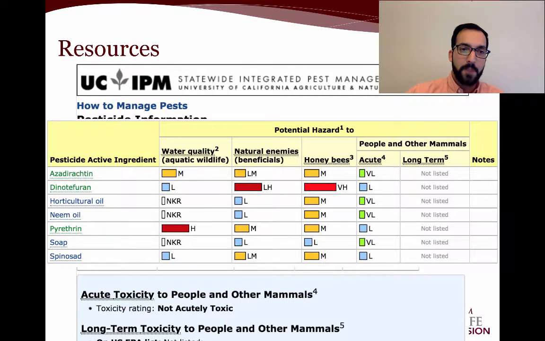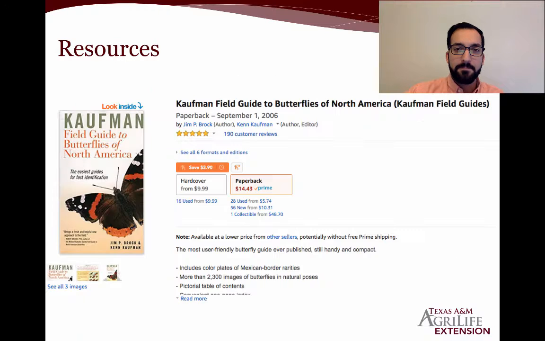Honeybees also medium. And you can look at a bunch of them. For example, if we're looking at just honeybees, azadirachtin is medium, where something like dinotefuran, if you apply it directly to the honeybees, is considered very high in terms of toxicity. So that's something you'd want to avoid spraying if you're trying to protect your pollinators.